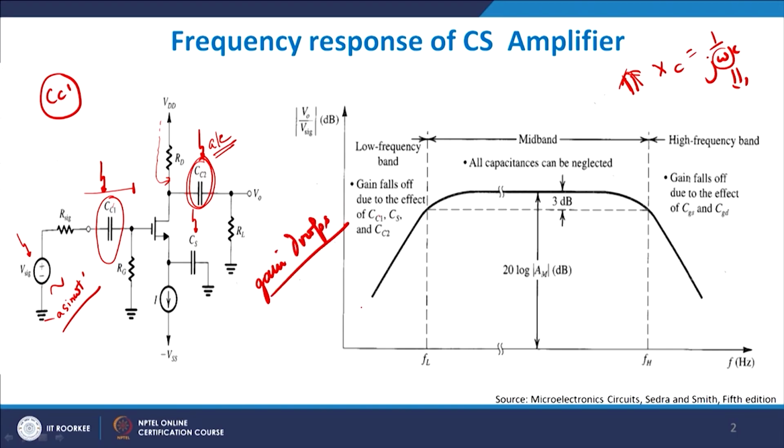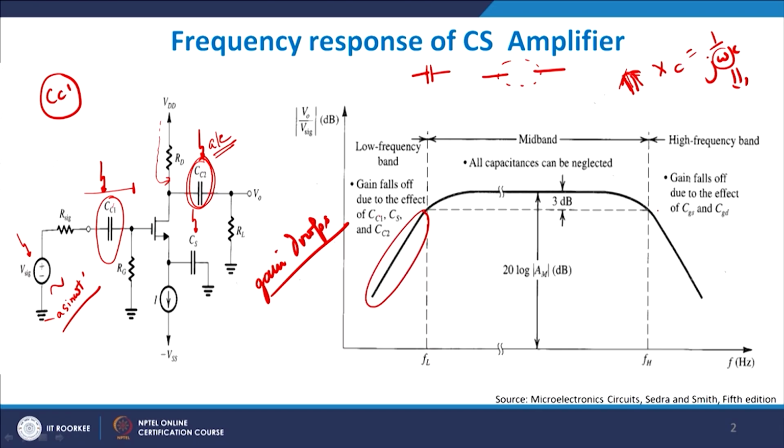The gain drops because as you lower your frequency, 1 by j omega c goes on increasing, Xc goes on increasing, and the assumption that you are shorting it no longer holds; you have to treat it as open to a larger extent, and as you make it open, obviously there will be no signal flowing and therefore your output will be equal to 0. That is primarily the reason why the gain falls in the low frequency band, right.